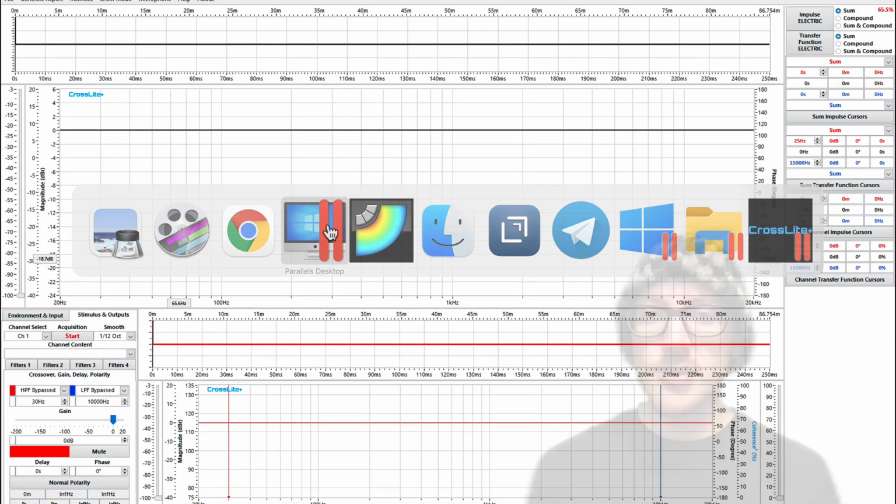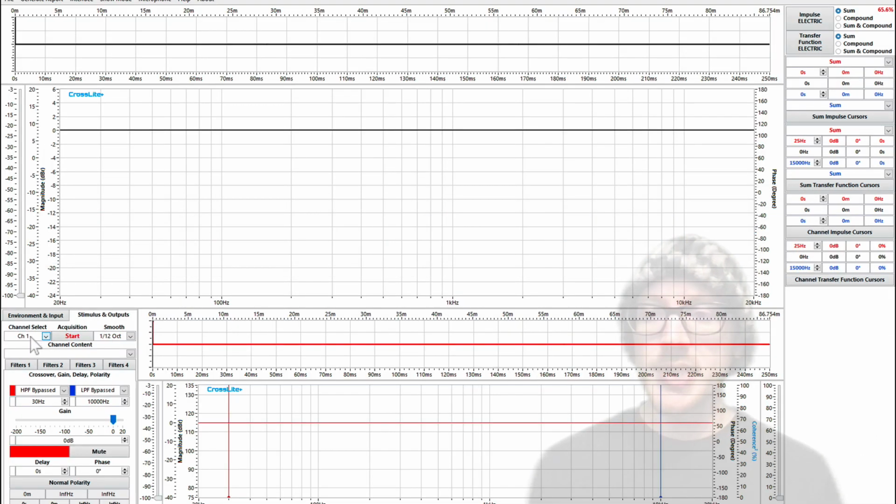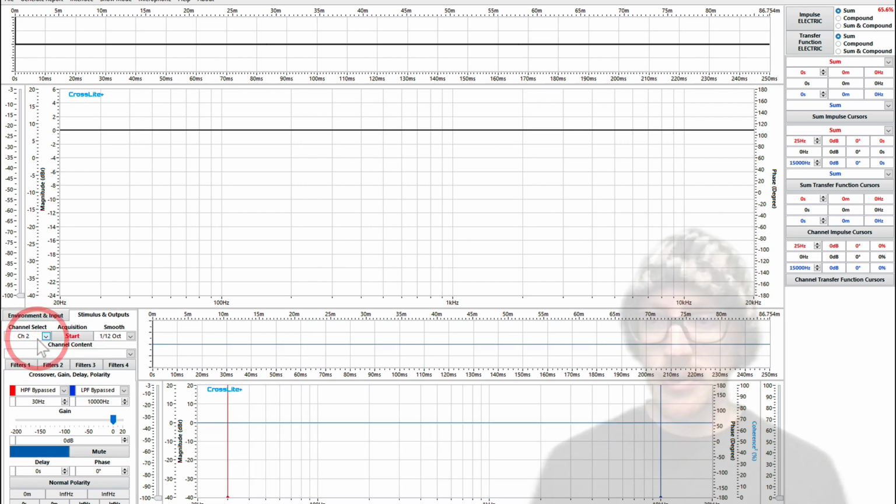Okay, so let's start with a simple demo. So here I have Crosslight. There's nothing happening. We're just looking at a flat line. We're measuring a microphone cable. Well, let's measure another microphone cable and then add those two together. So we'll add a channel and we will look at both signals together.